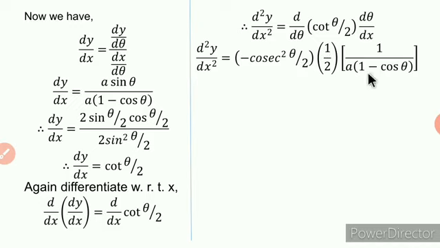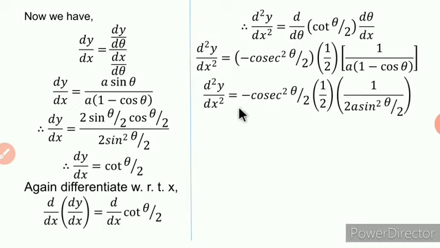We put this value from the value of dx upon d theta. Now again substitute here the value of 1 minus cos theta as 2 sin square theta by 2. Therefore we get d square y by dx square is equal to minus cosec square theta by 2 into half into 1 upon 2a sin square theta upon 2. Now 1 upon sin square means it is cosec square.